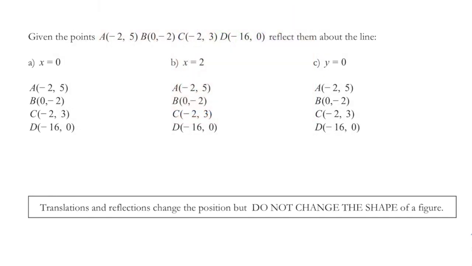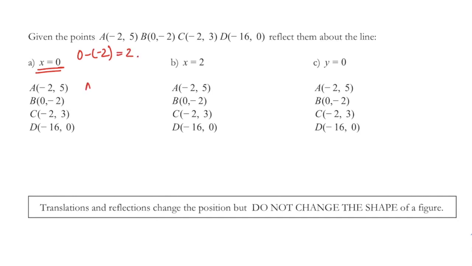So let's talk about if I was given these 4 points, what I would do if they were reflected in the line x equals 0. Well, we know that the distance away from x equals 0 is just, for example, for A, we have 0 minus -2. We know that that difference is 2.